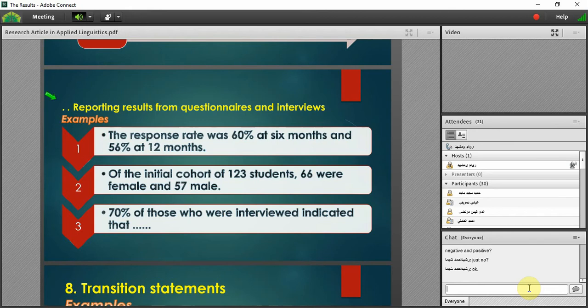If you have used any questionnaire or interview in your study, you need to report them to your readers. Here you can see several examples for reporting results from questionnaires or interviews. See, the response rate was 60%, or 70% of those interviewed indicated. See?